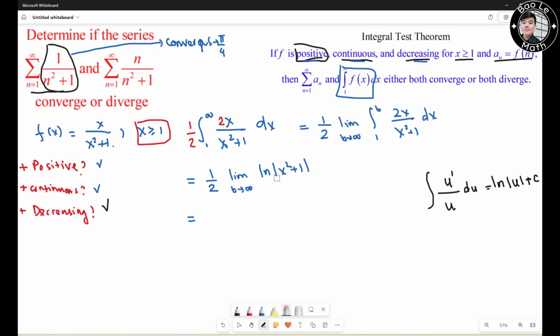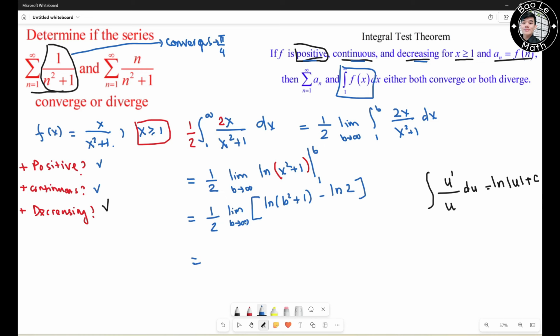So I can remove the absolute value sign and just put parentheses right here, and evaluate this one from 1 to b. So it's going to be 1/2 limit when b approaches infinity of natural log of b squared plus 1 minus natural log of 1 substituted over here, which is 2.